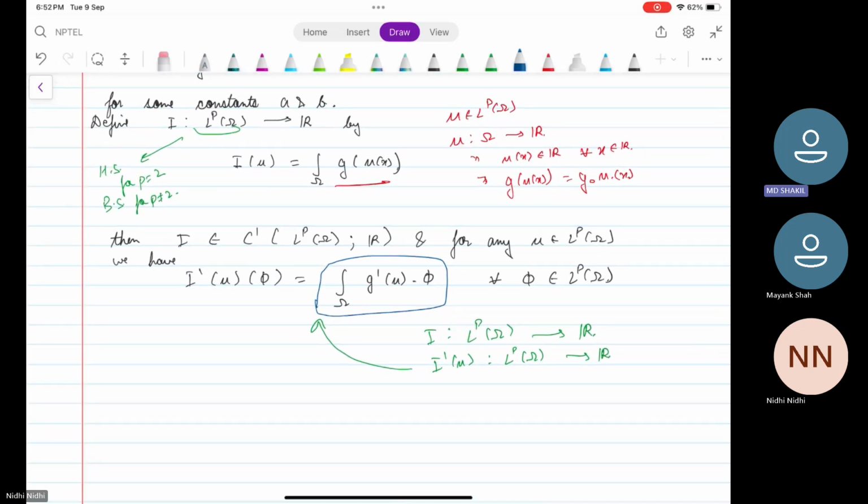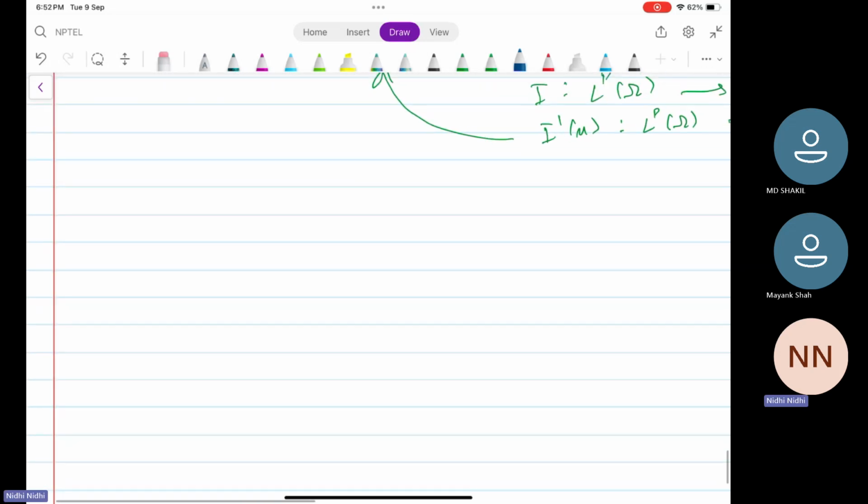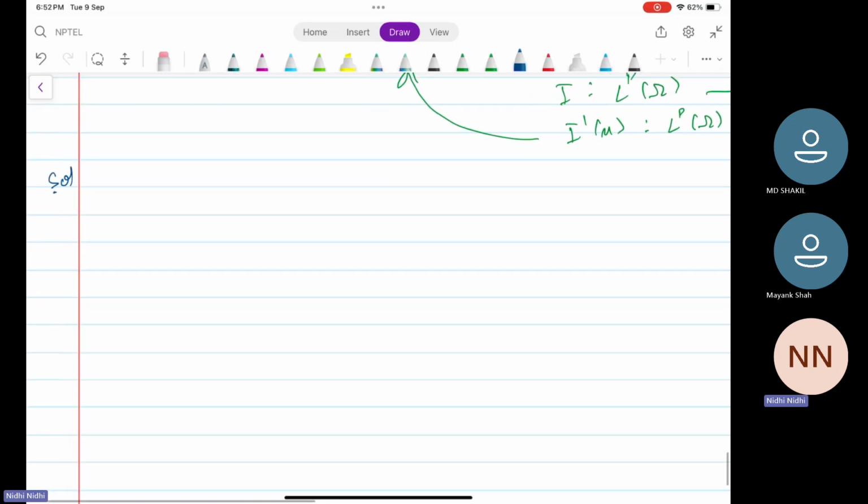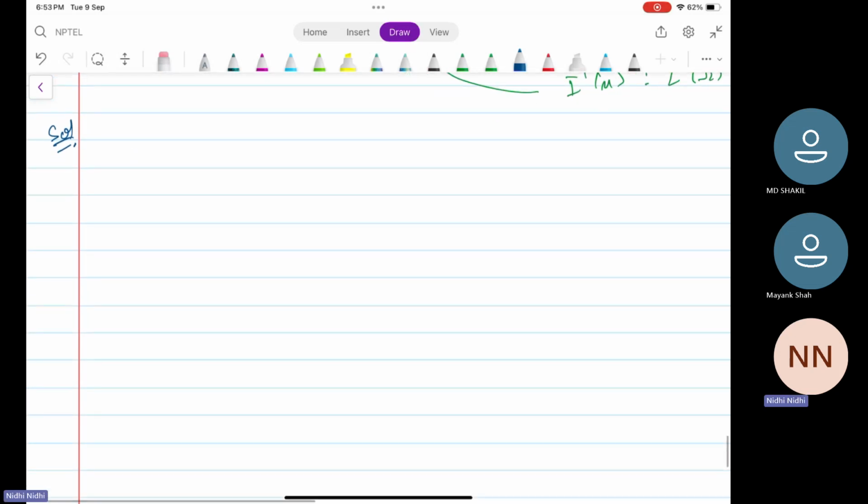So let's see how to do this. We'll solve this problem in steps. So let u be some function in L^p(Ω).